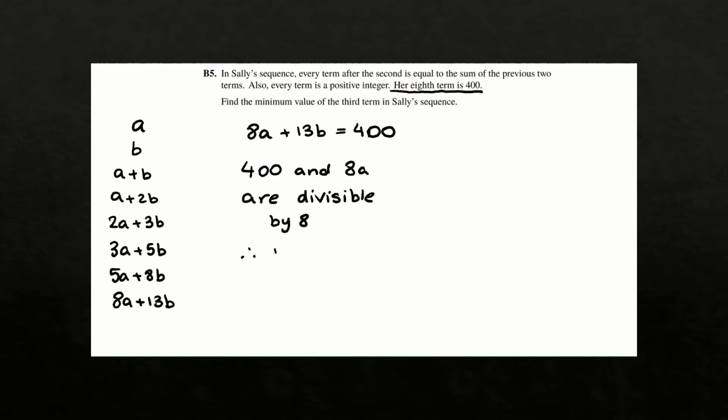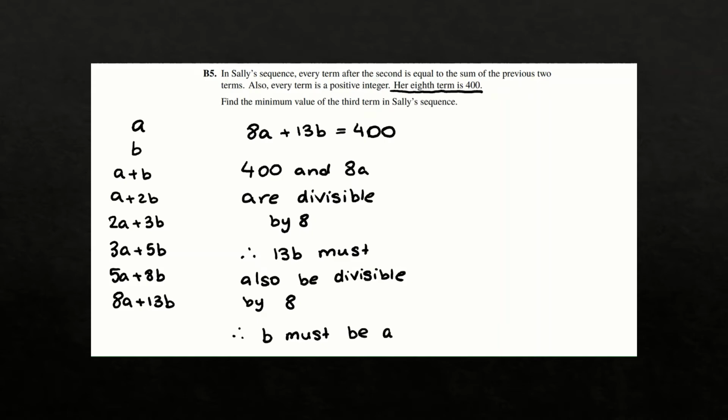This means that 13B must also be divisible by 8. However, 13 and 8 are coprime. This means that they don't share any other factors apart from 1. Therefore, B must be divisible by 8, or must be a multiple of 8.